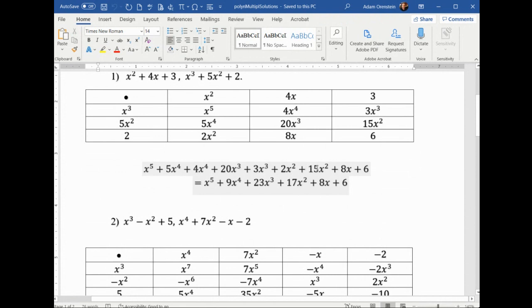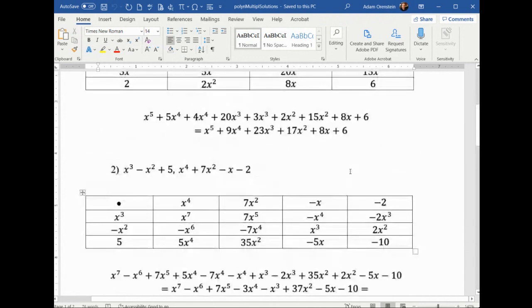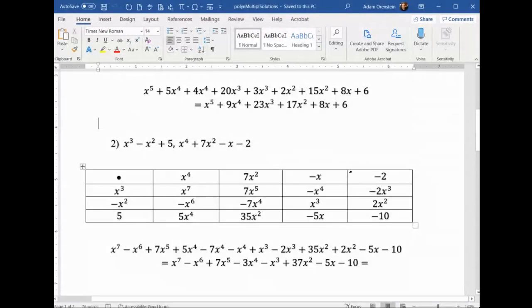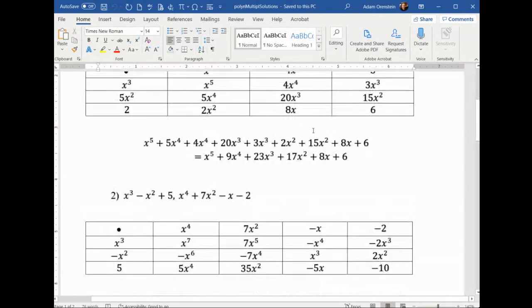We have 2x squared and 15x squared. That's 17x squared. We have 8x, and we have 6. Okay? That's what we get here. Good. So this is what we get here. Okay, that's good. That's for the first one.